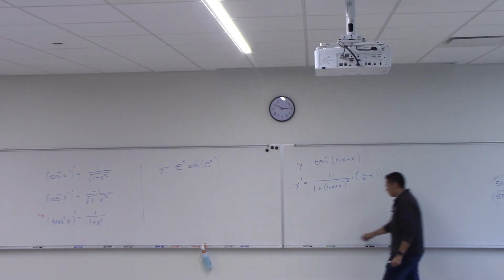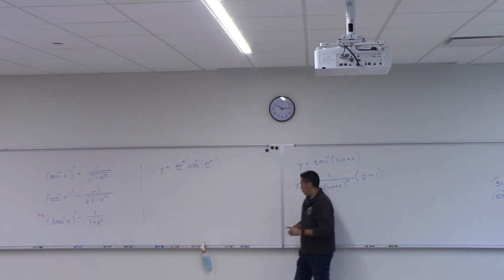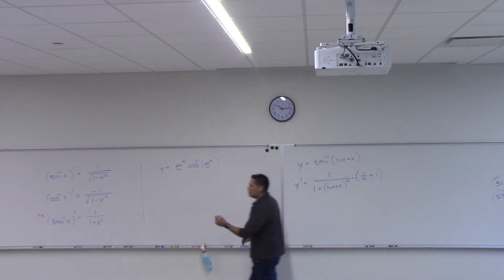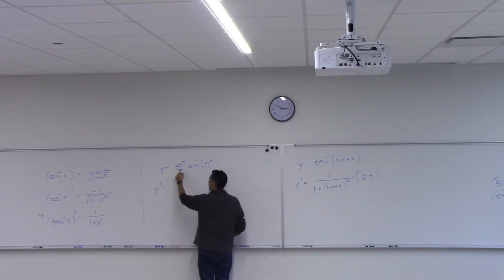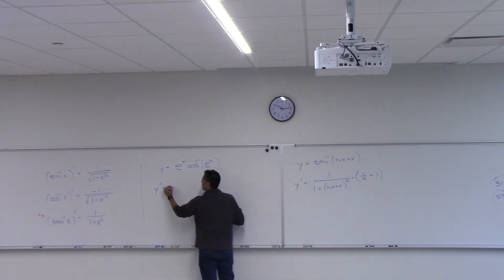Product rule, good. Right there, that's a product. And then when we're doing the product, we're going to have some chain, aren't we? So our derivative will be, okay, product rule. Derivative of the first one: what's the derivative of e to the x? Itself, e to the x, times the second one with no derivative.